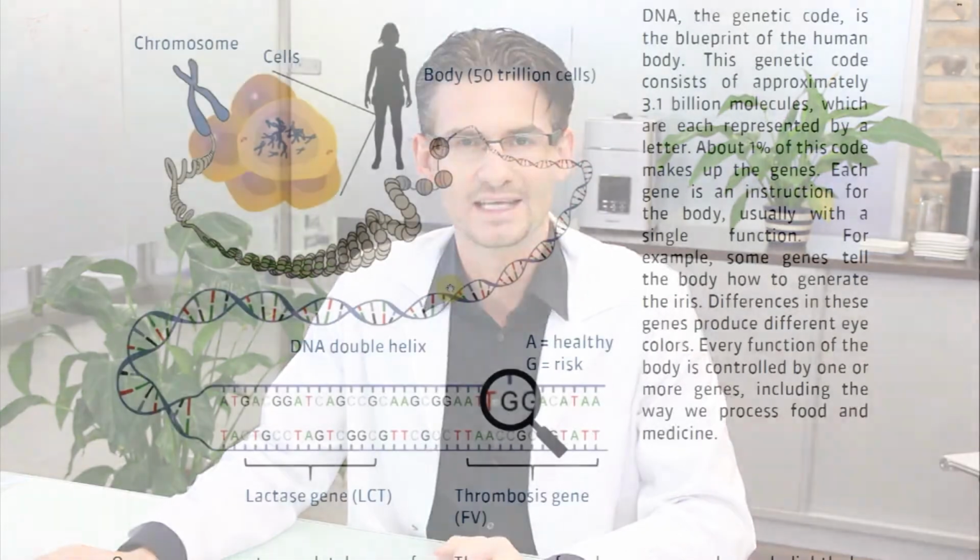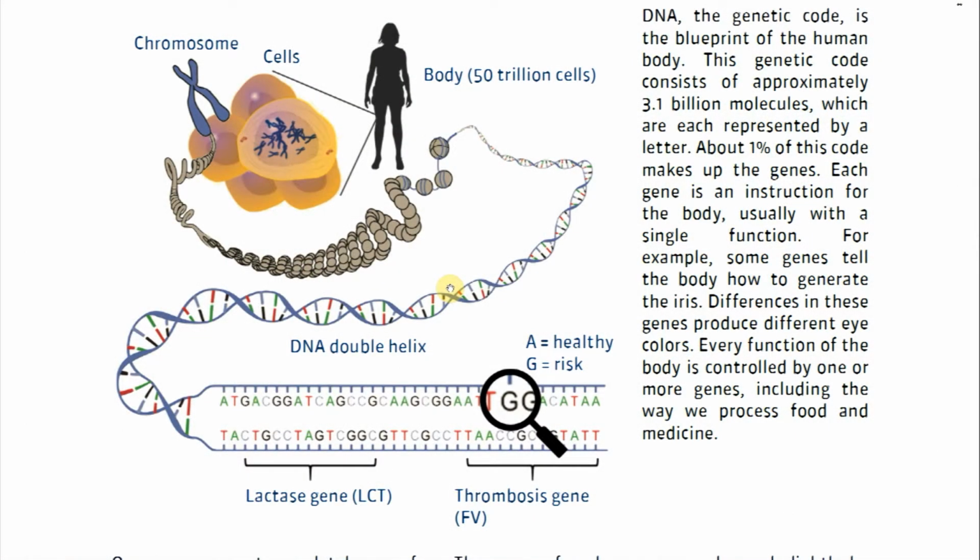The human body consists of around 50 trillion individual cells. And every one of those cells, with some minor exceptions, has a cell nucleus. And in the cell nucleus there are the human chromosomes, and these are these X shapes that you see here. If you take a closer look at a chromosome, you find that it is in fact a very tightly wound thread, and this thread is the DNA double helix.